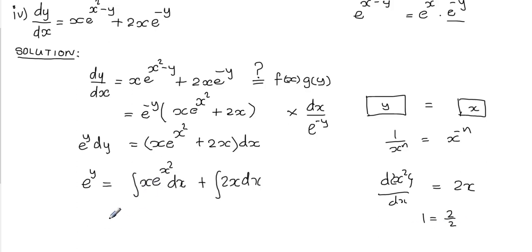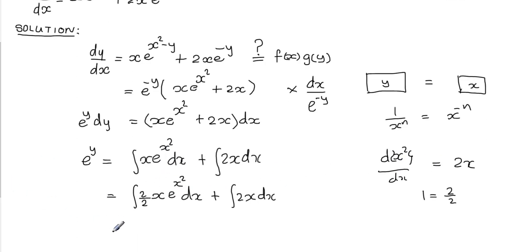So now if we do that, our next step will be writing this as 2 over 2 times x e to the power of x squared dx plus the integral of 2x dx. Now here we can take out a half, and then we remain with 2x, which is the derivative of this exponential function.